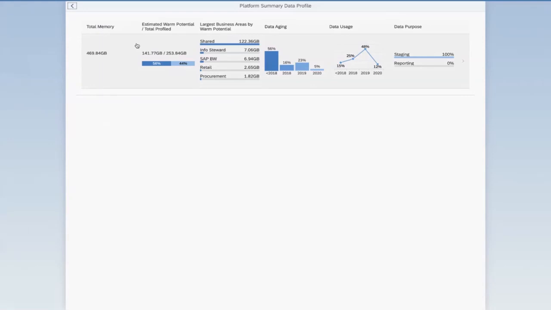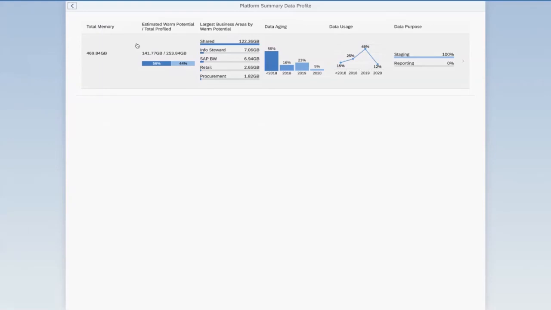We say 2018 because we look at the last 2 full years plus whatever the current year is. We consider that to be relevant current data, and everything before that we consider to be the estimated warm potential. We of course realize that this varies per business case, per system, but this is the starting point. It at least gives you a point to look into as to where the data is sitting.